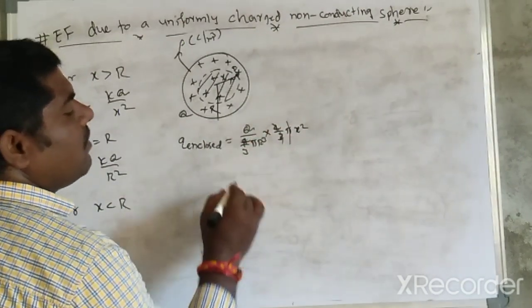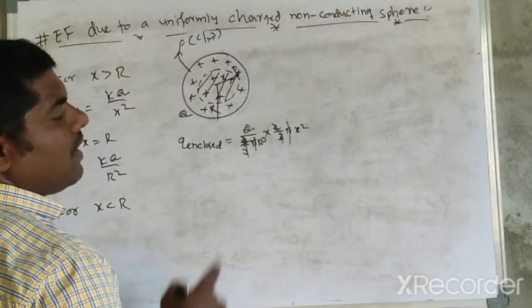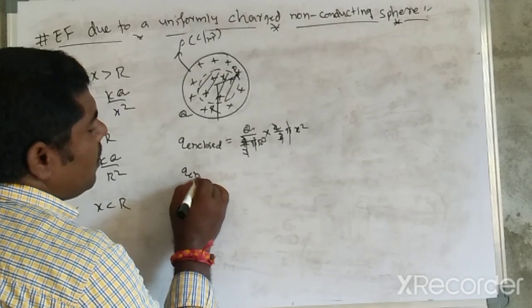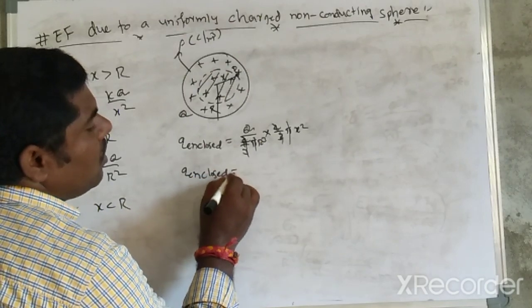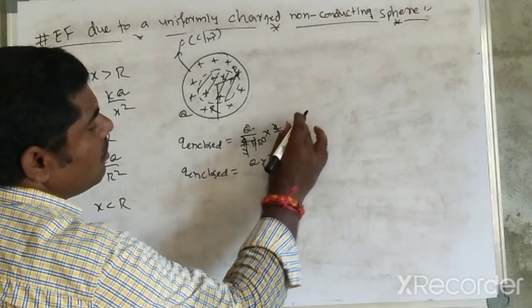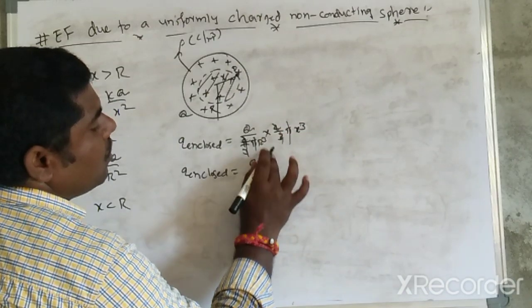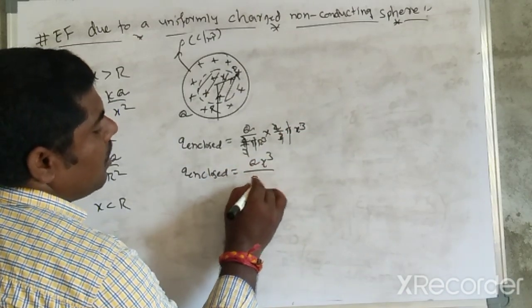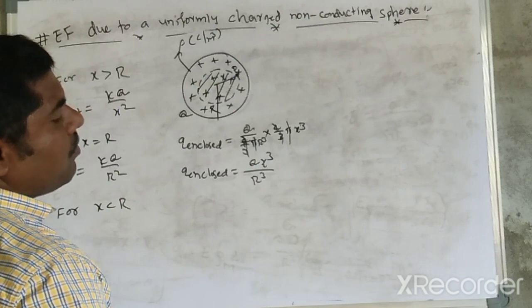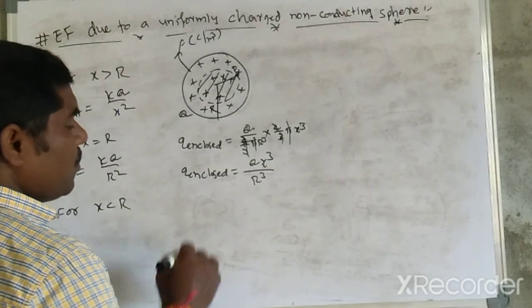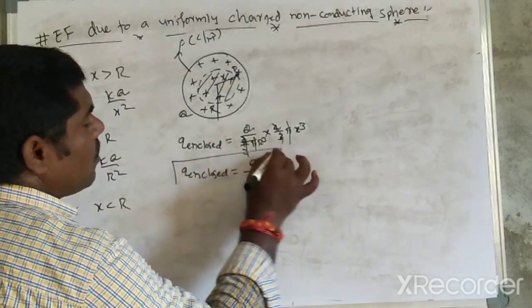So 4 by 3 gets cancelled, pi also gets cancelled. Q enclosed is equal to Q times x cube divided by R cube.